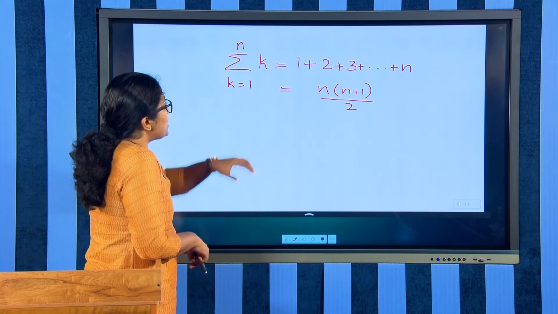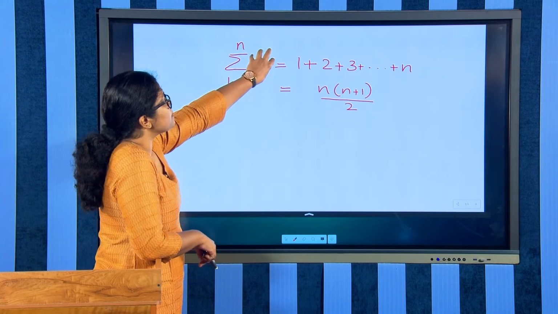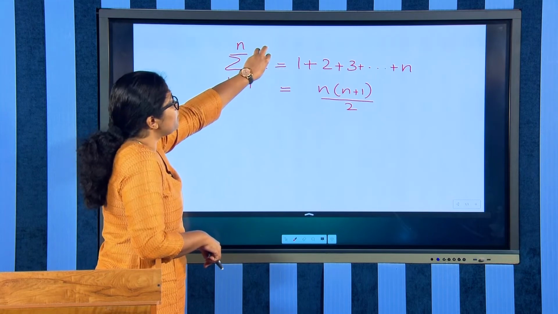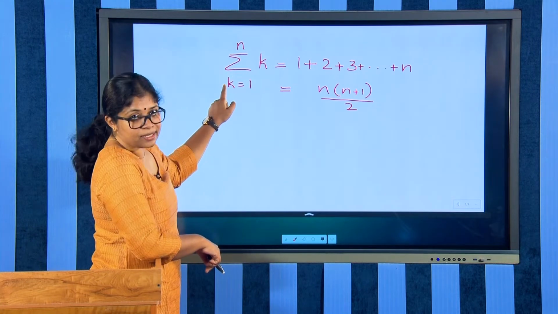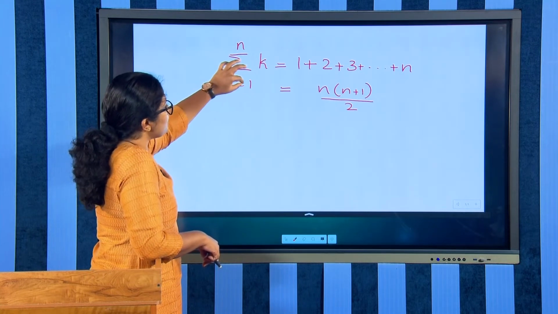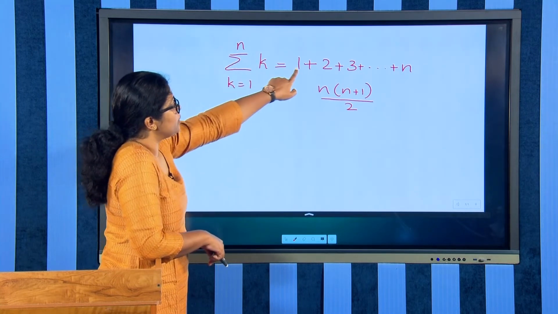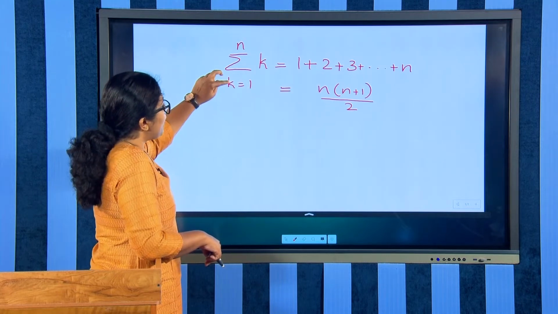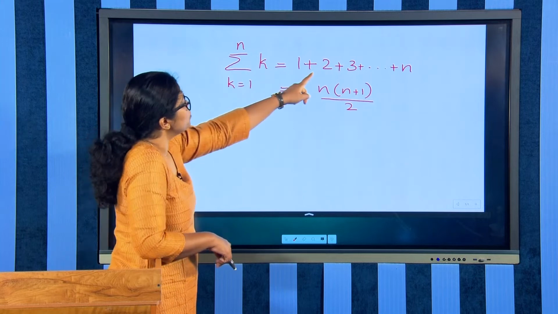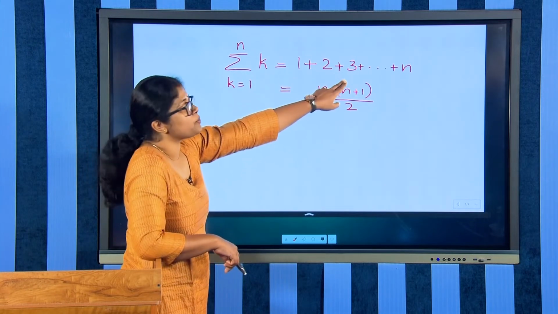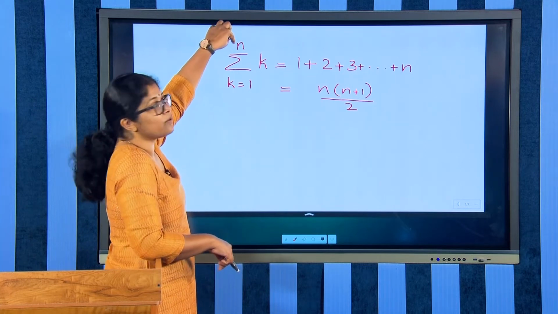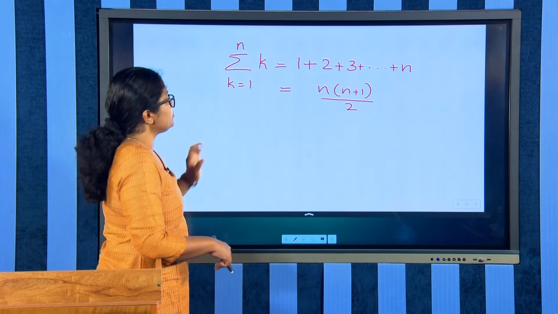So remember that whatever comes after this sigma notation, we are putting values to the index. This k is called the index, and so for k equal to 1, we will put this 1 here. It is added to the next value of k, which is 2, which is added to the next value of k, which is 3, and so on up to the last value given on top, which is n.